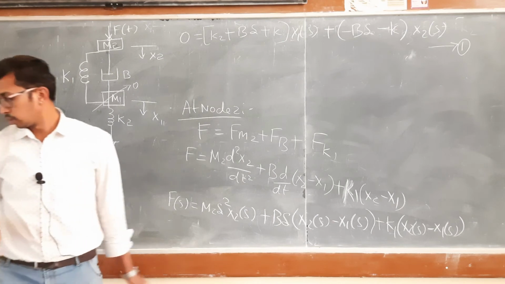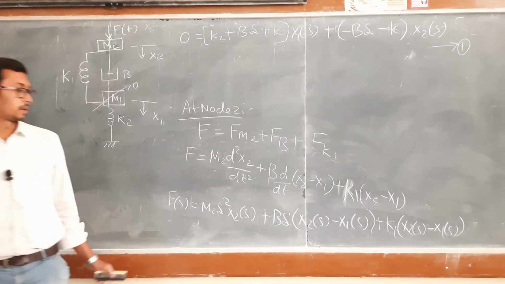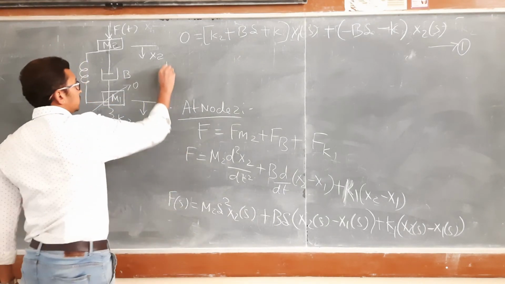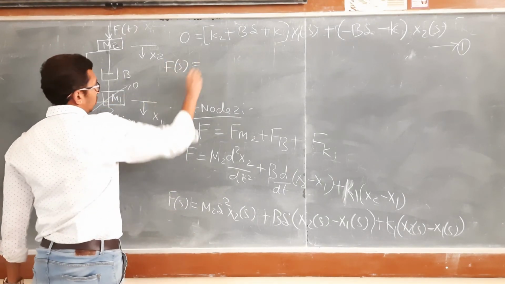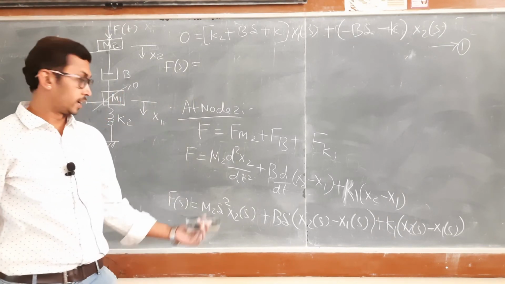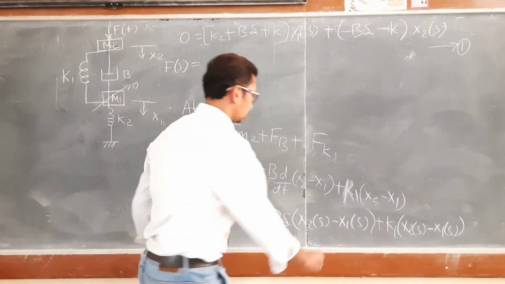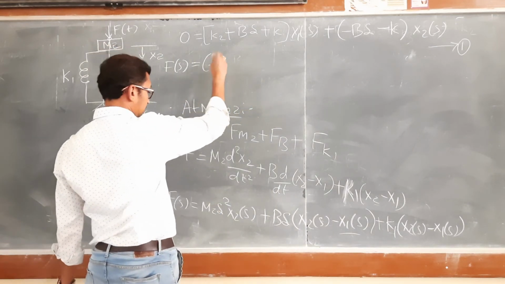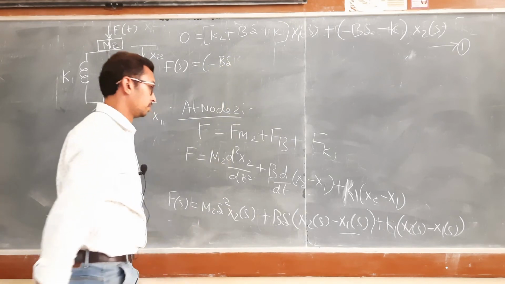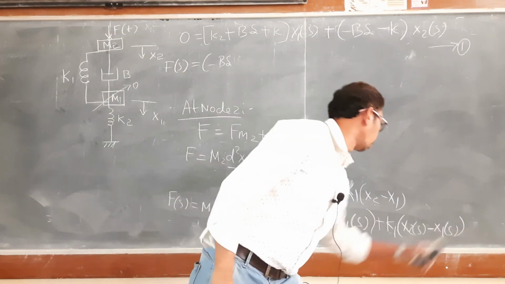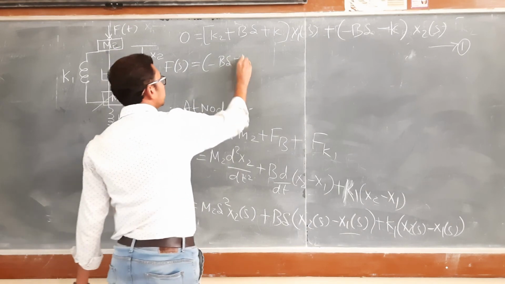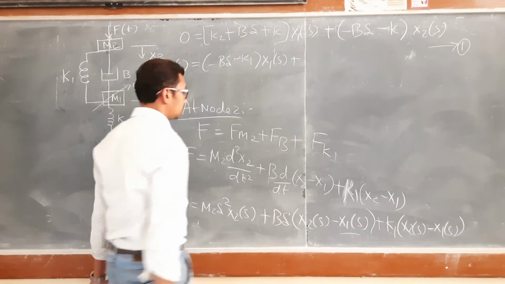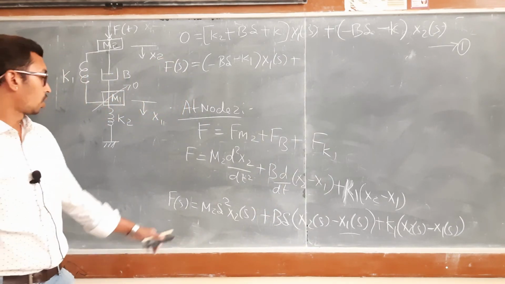Okay, so now I am going to rearrange the terms. I am going to write the equation number 2. So there is the F of s. What are the terms which are common with reference to x1 of s? Please arrange. Here we have x1 of s, so it will be minus bs, correct? Next here also we have minus k1. So the common is x1 of s, plus what are the terms related with x2 of s?